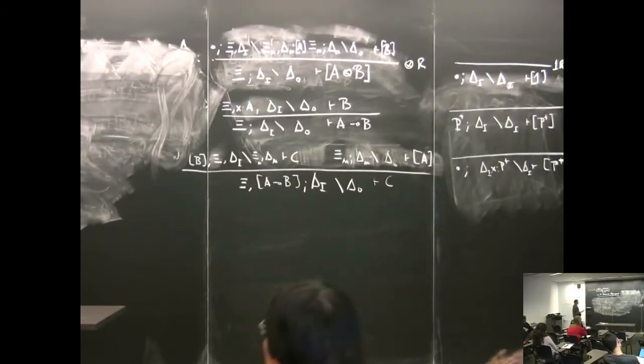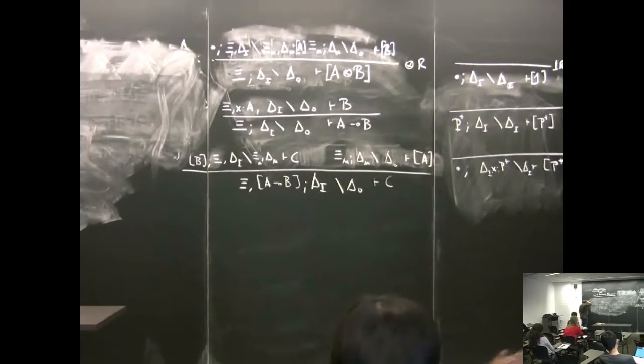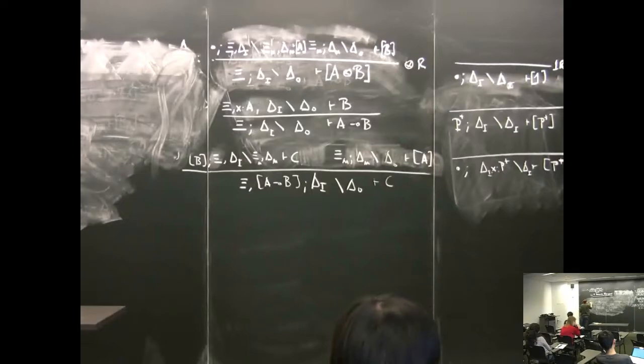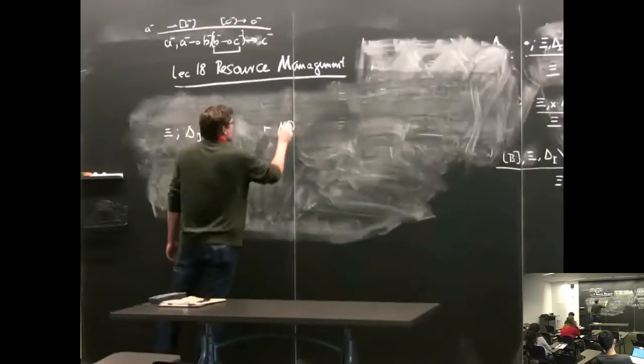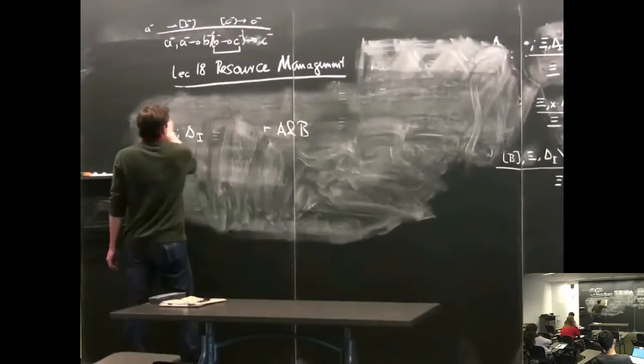Okay, let's look at just width, just to make sure we didn't mess anything up. So if I'm trying to prove from psi and delta I, I'm trying to prove A with B. How do I do that?